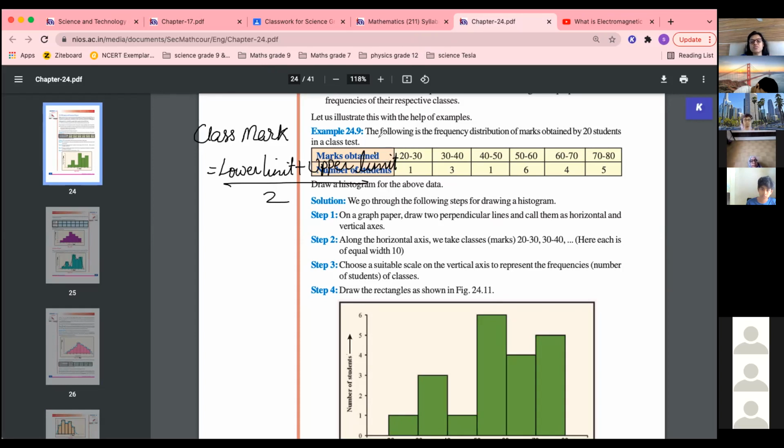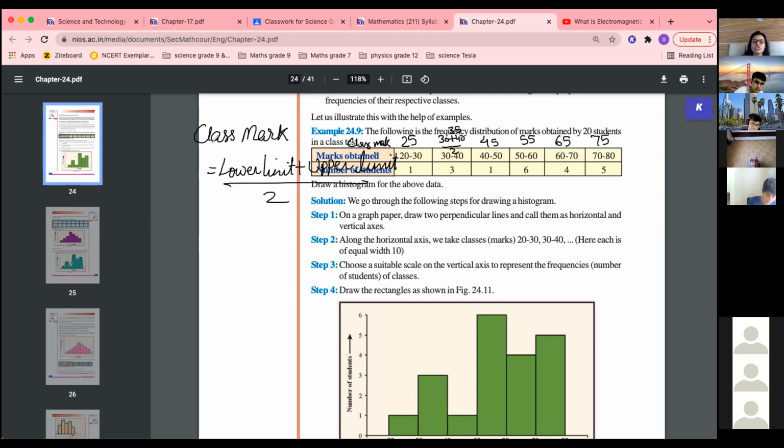So iska class mark, let us make one more table yahan pe, class mark ka table. Class mark, if we find out, 20 plus 30 upon 2 is how much? 25. This is 30 plus 40 upon 2, it is 35. 40 plus 50 upon 2, it is 45. 50 plus 60 upon 2 is 55. This is 65 and this is 75.